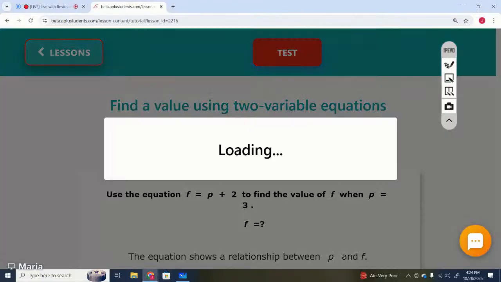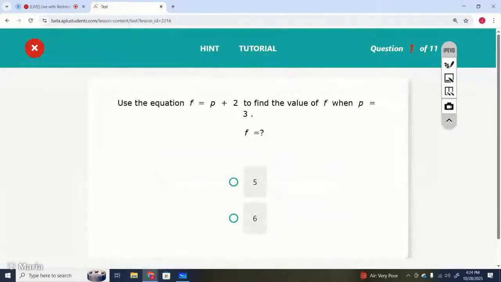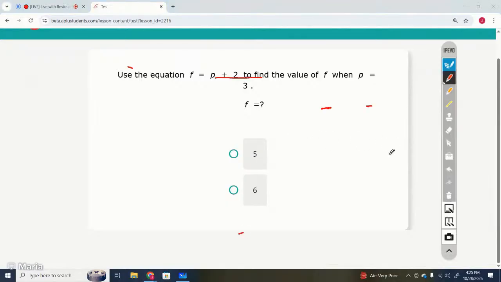Let's just start with the test questions. Use the equation f equals p plus 2 and find the value of f when p equals 3.